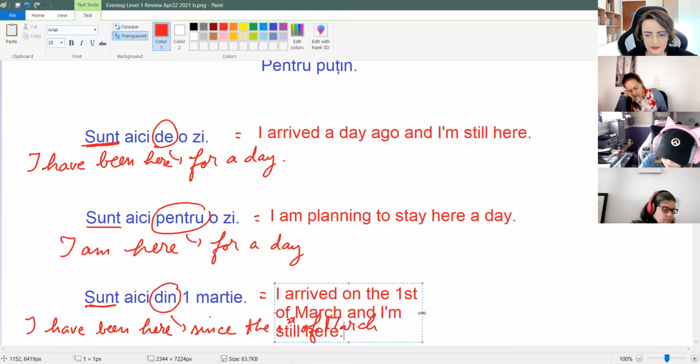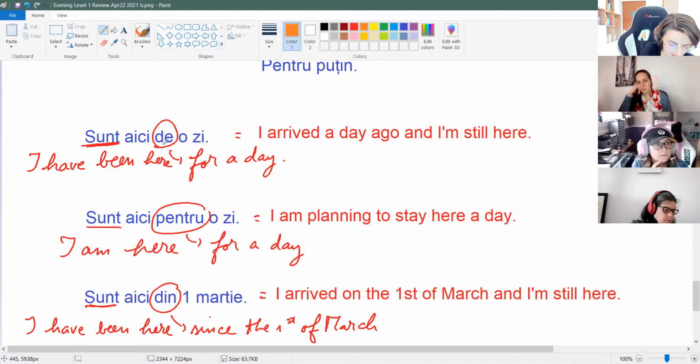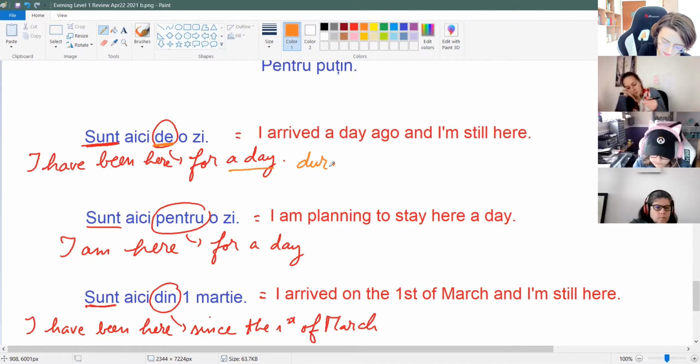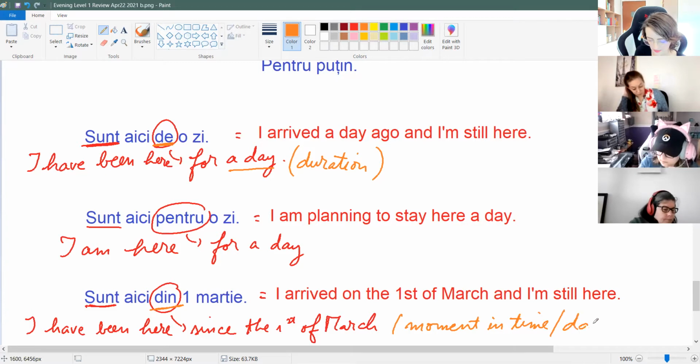So what you can remember from this is that de goes with duration. And then we have din, which goes with a moment in time, like a specific date in the past.